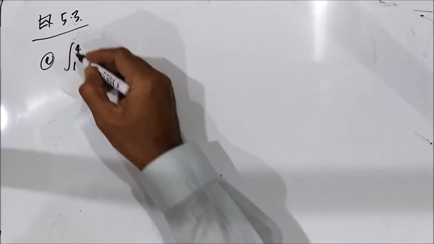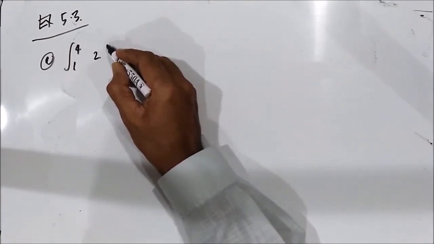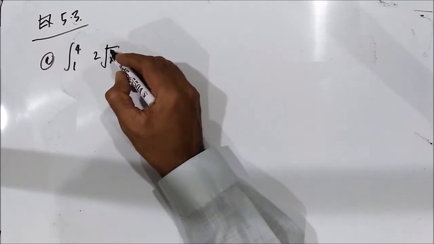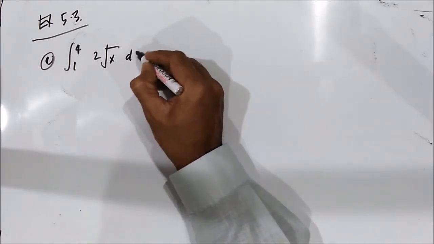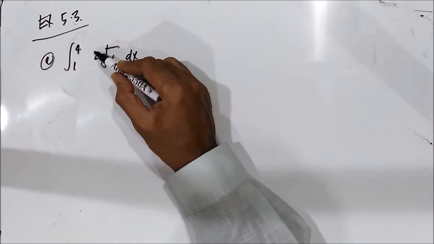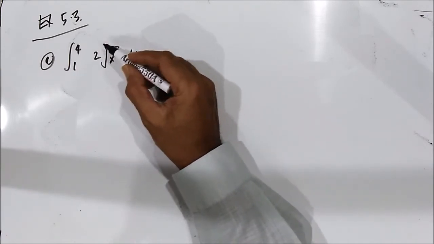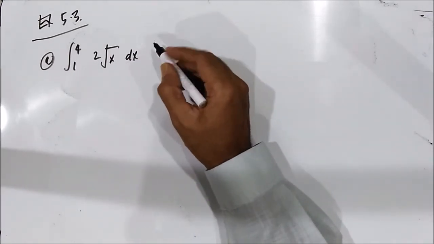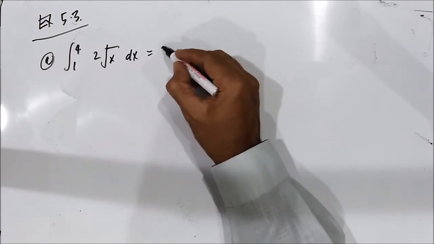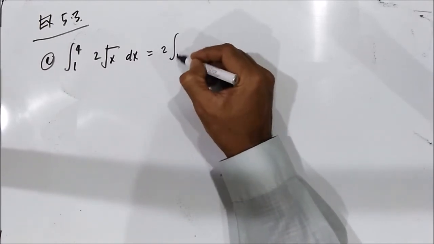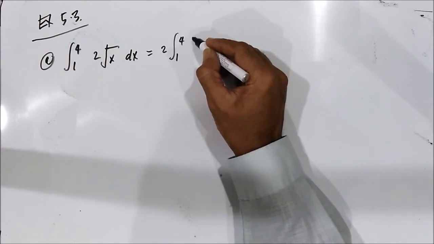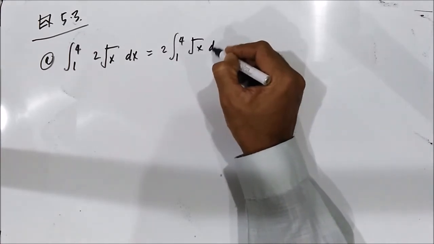Then I want to find 2 square root of x dx. Since 2 here is a coefficient, you can just leave it like that. You can put it this way: 2 multiplied by the integral of square root of x dx.